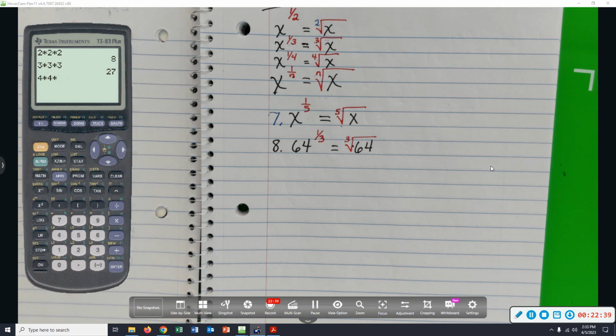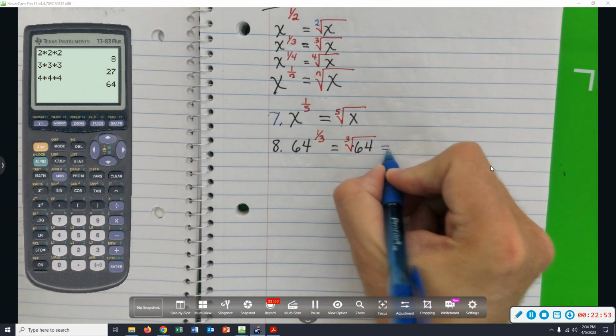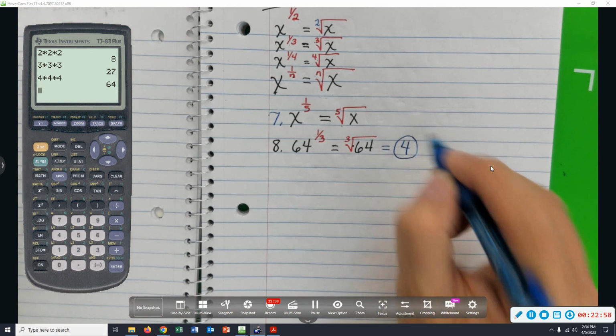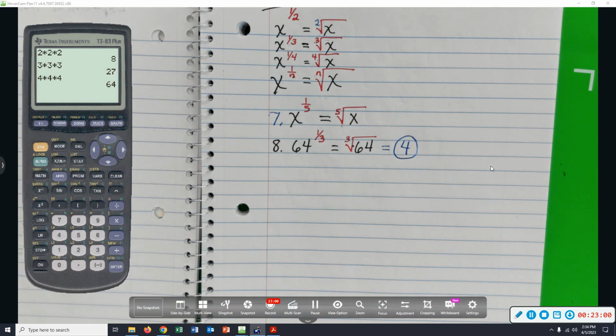Well, 4 times 4 times 4 gives me 64. 4 times 4 is 16, times another 4, 64. So the cube root of 64, we can actually simplify and say 4. So the cube root of 64 is 4.